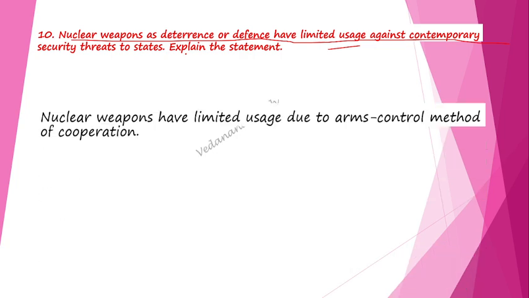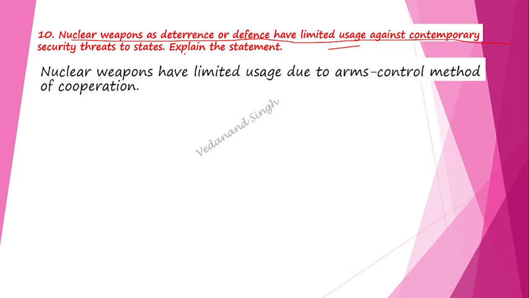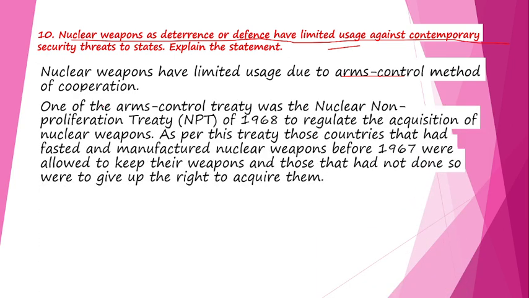Okay. Now, nuclear weapons have limited usage due to arms control, a method of cooperation. Mainly, it can be limited by the arms control method of cooperation. Second, one of the arms control treaties was the Nuclear Non-Proliferation Treaty (NPT) of 1968 to regulate the acquisition of nuclear weapons.